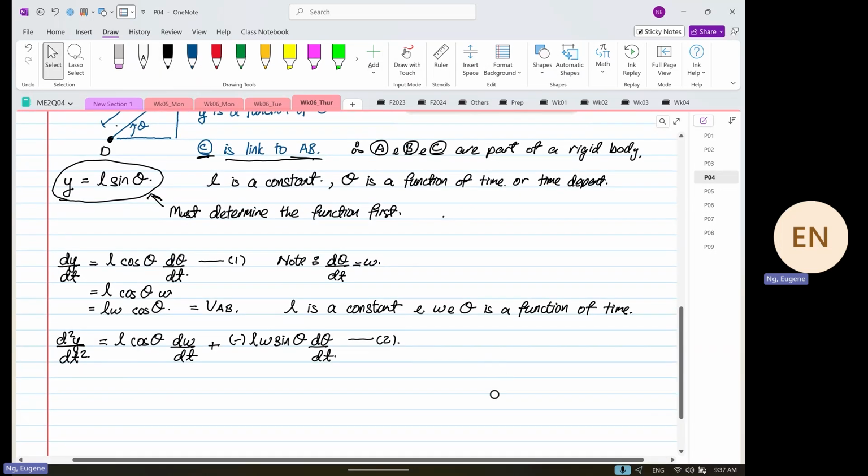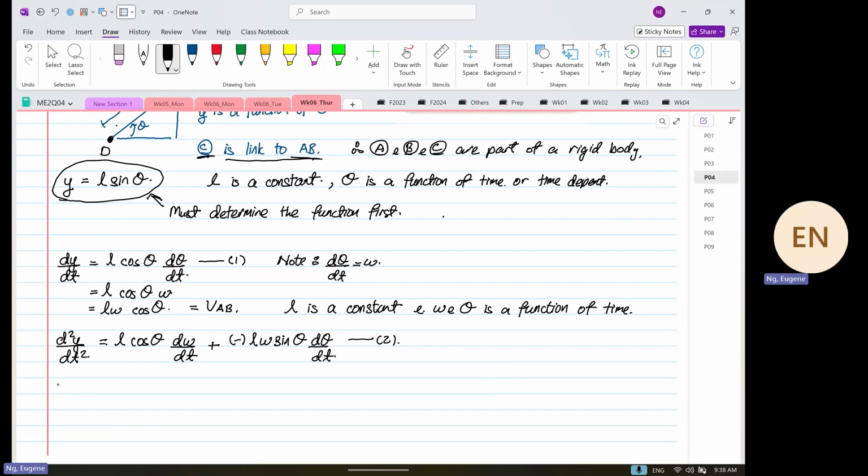Right? So now when we recall, note that d omega over dt is equal to alpha, right? And this happened to be equal to 0 because of what? Given to us constant angular velocity, right? That's given in the question.